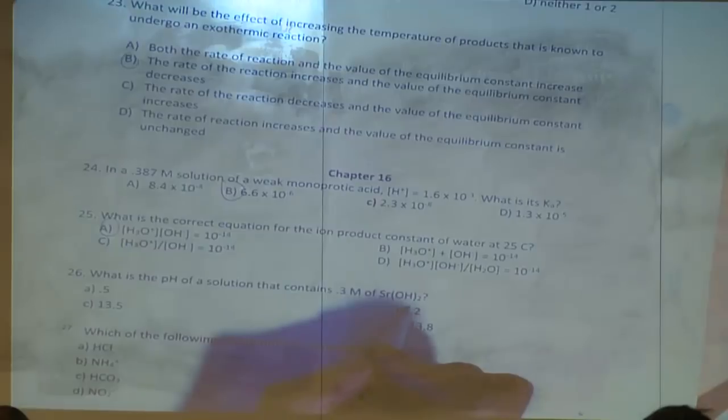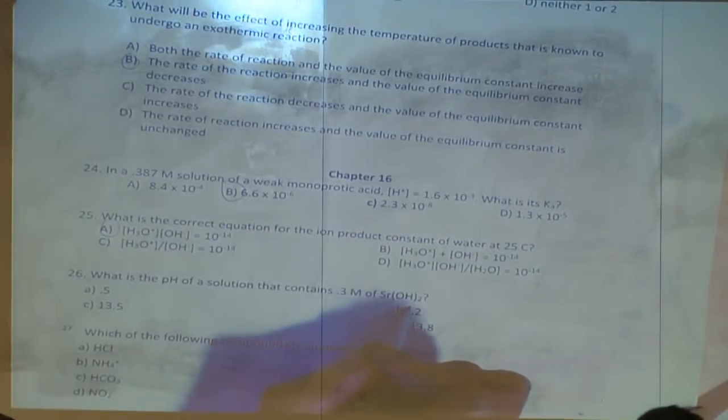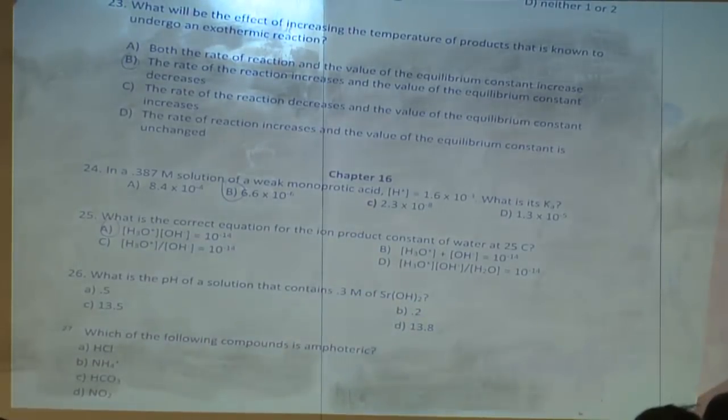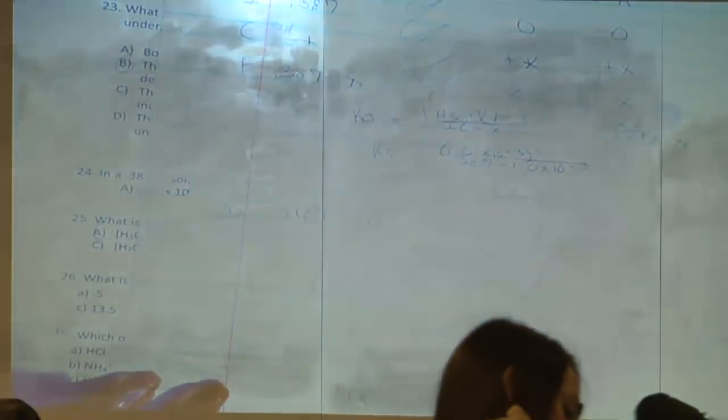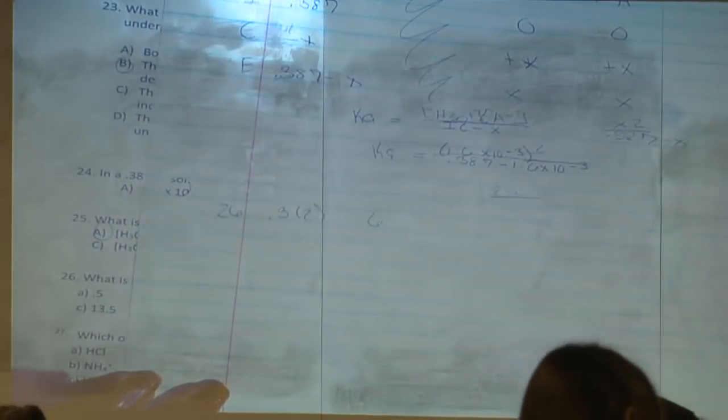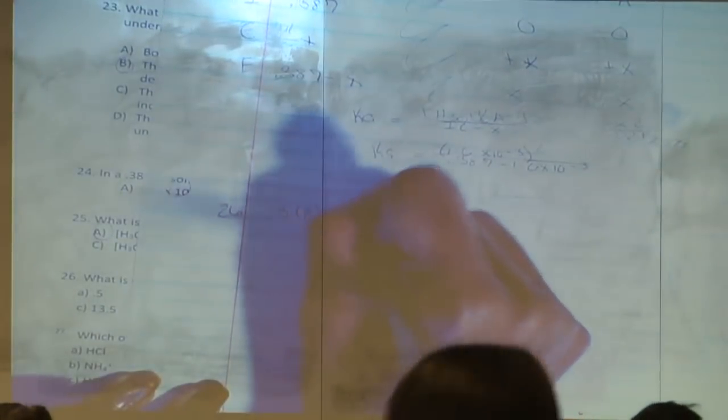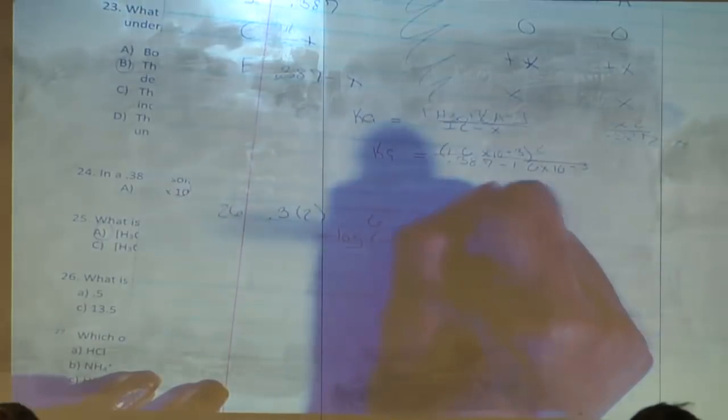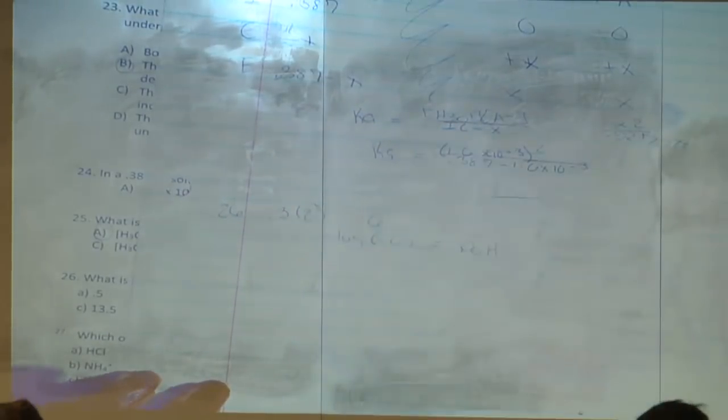We see there's a 2 here, so each time it's going to create 2 OH ions, not 1. You look confused. Following? So I'm going to do 0.3 times 2. That means it creates 0.6 OH, not 0.3. So we're going to do the negative log of 0.6, and that's going to give us the pOH, because this is the base.